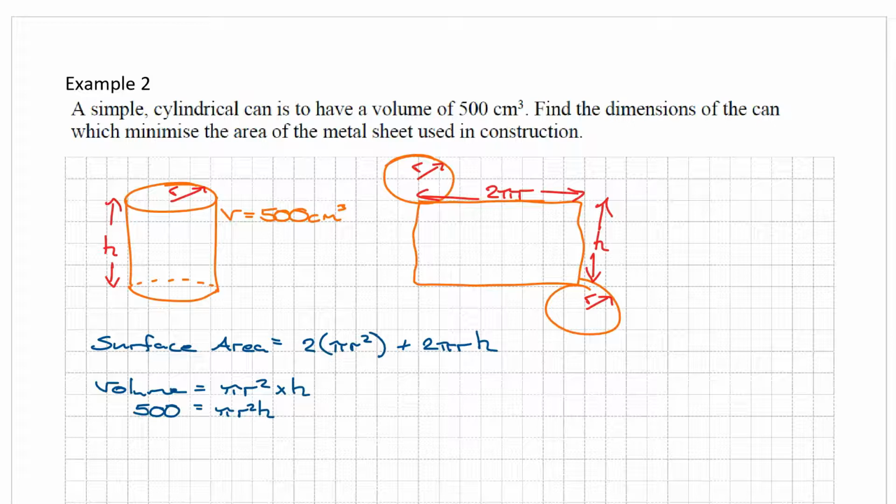Okay, now let's look at the question again. A simple cylindrical can is to have a volume of 500 centimeters cubed. Find the dimensions of the can that minimize the area of the sheet metal used. Dimensions.